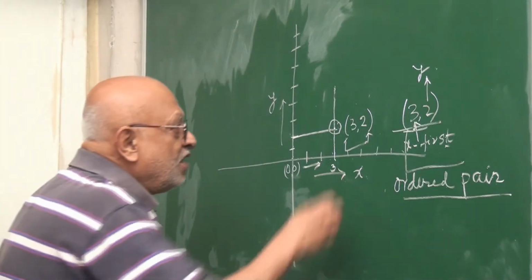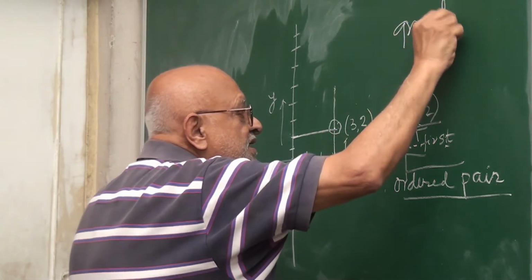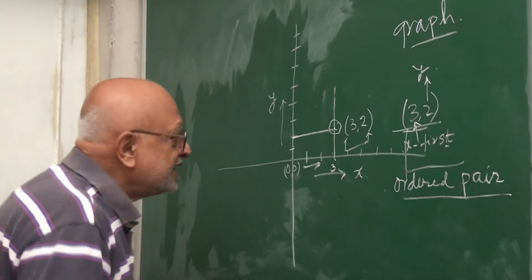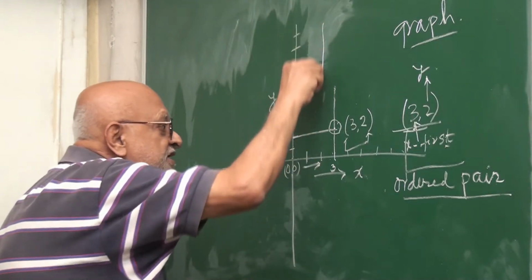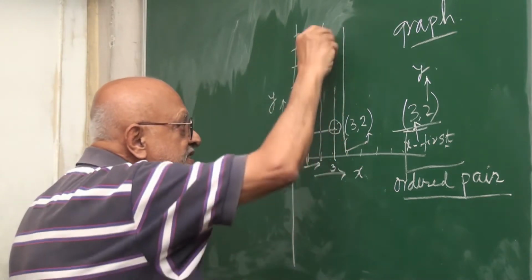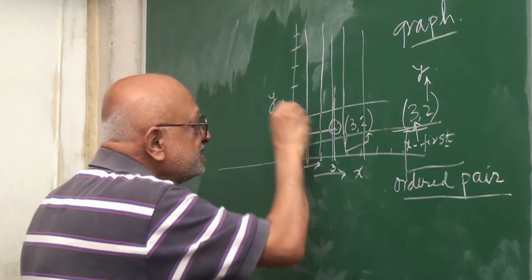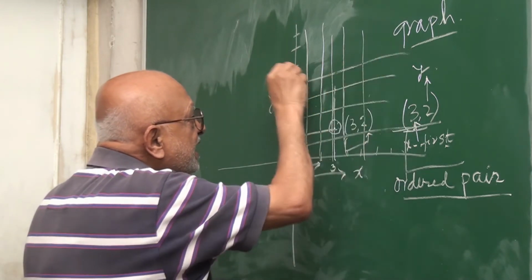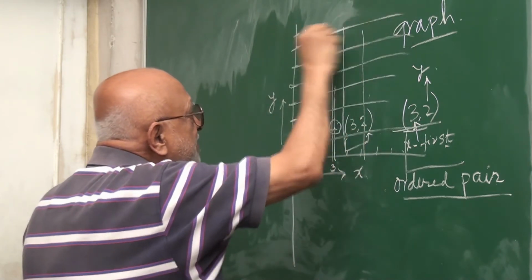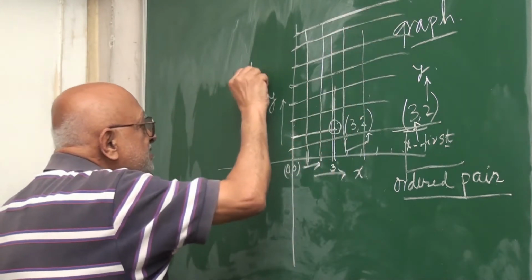So we know now what a graph is. A graph is practically a drawing which contains equally spaced grid lines. So these are all equally spaced. So this will be a graph paper. It's on paper, and this is two-dimensional.